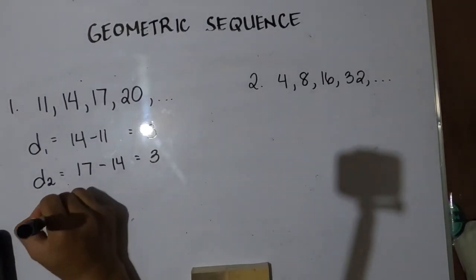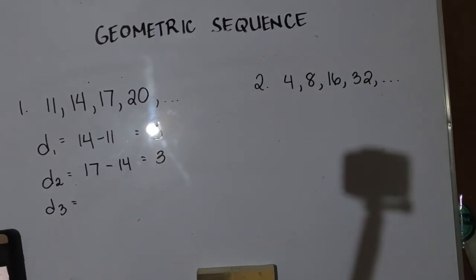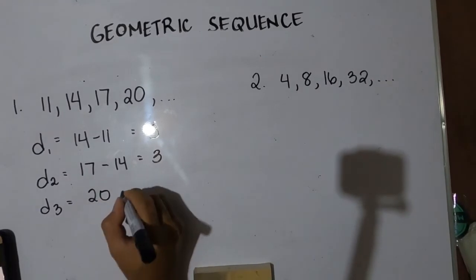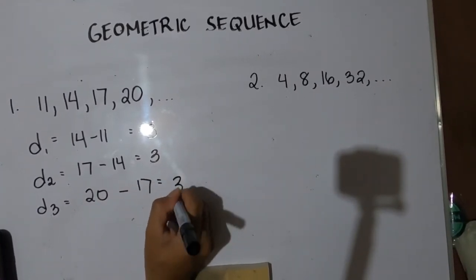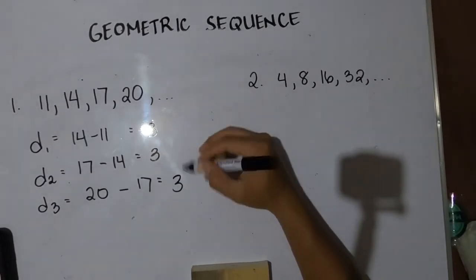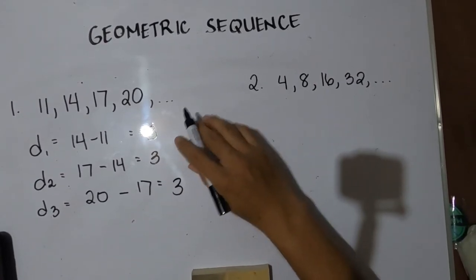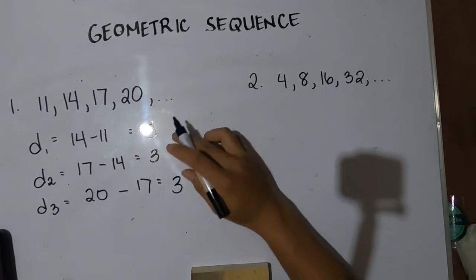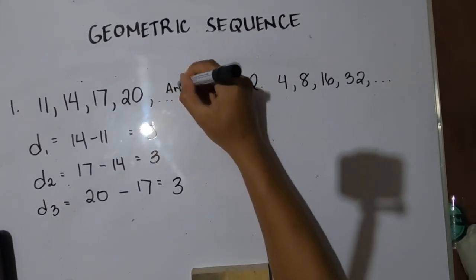Let's determine whether that is the same difference as the fourth term and the third term. 20 minus 17 is 3. As you can clearly see, the difference between any two consecutive terms of the sequence 11, 14, 17, 20 is 3. Therefore, it is arithmetic.